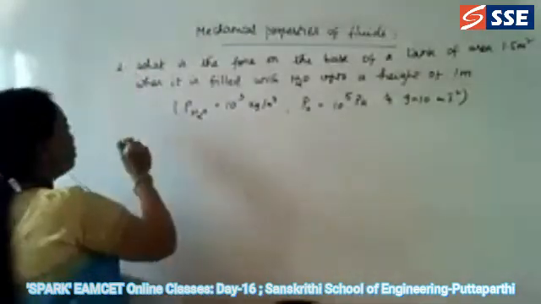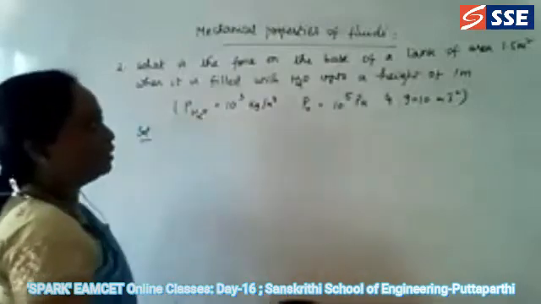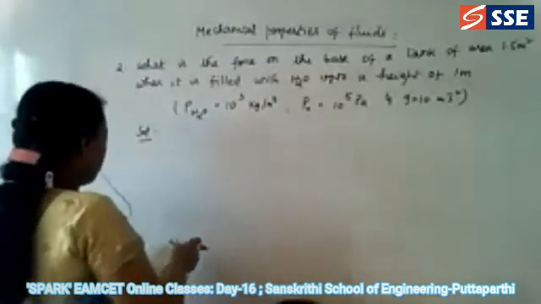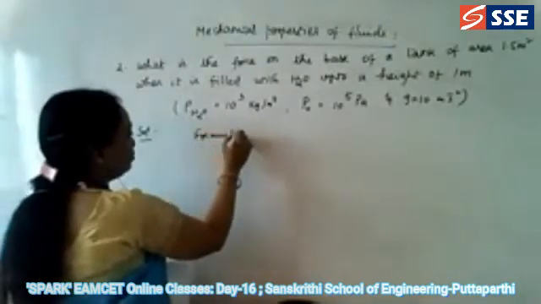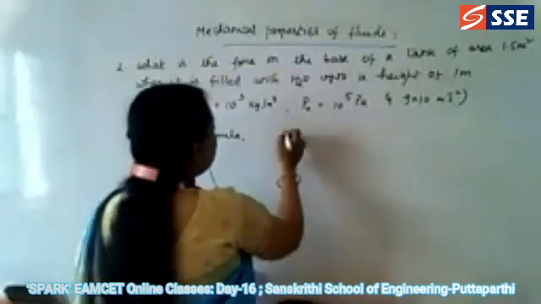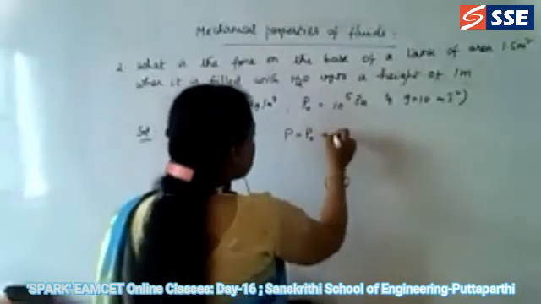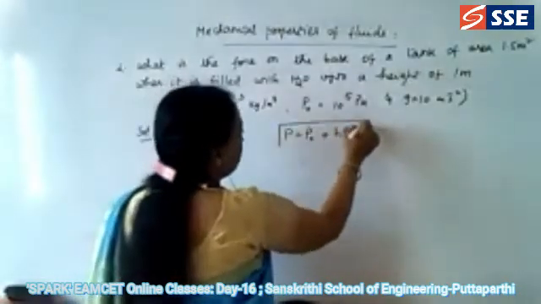Okay. So the solution for this one: force we have to calculate. Height has been given. So what is the formula that we are going to use in this case? The formula is P is equal to P naught plus H rho G. This is the formula we are going to use.